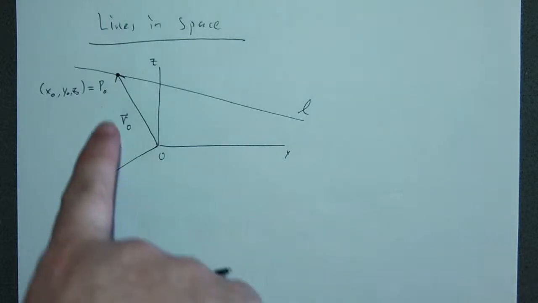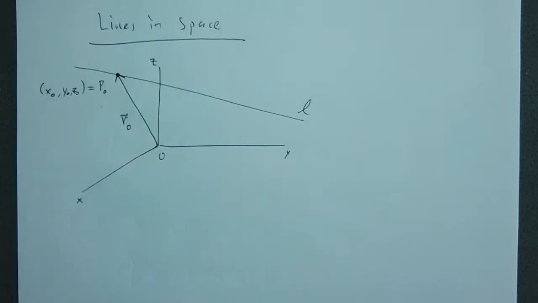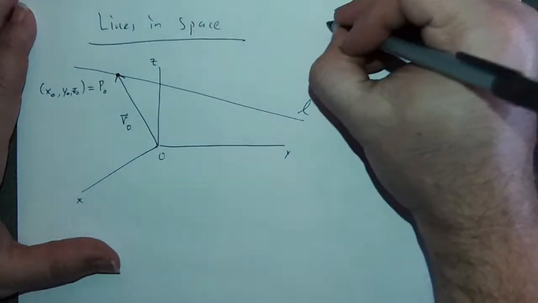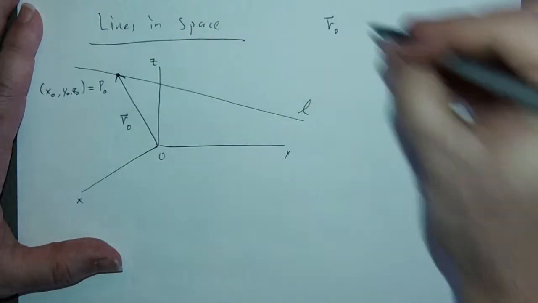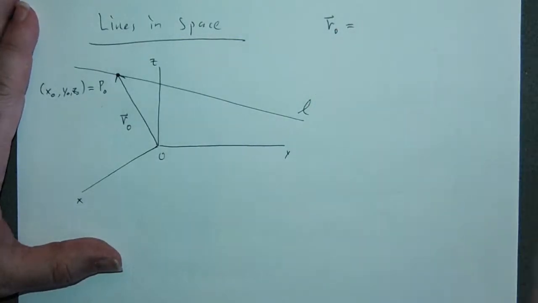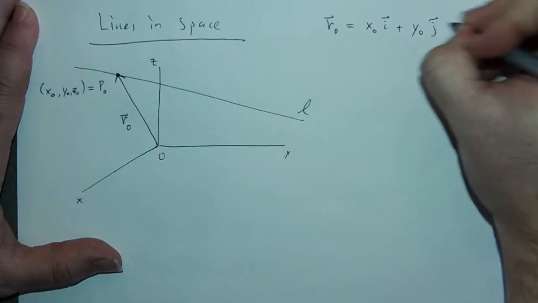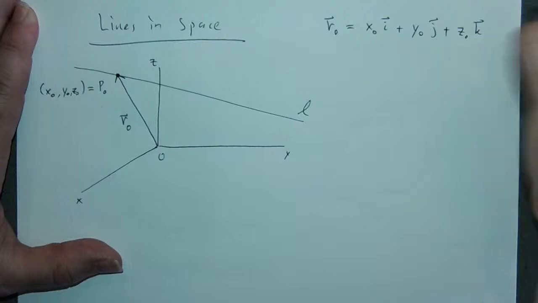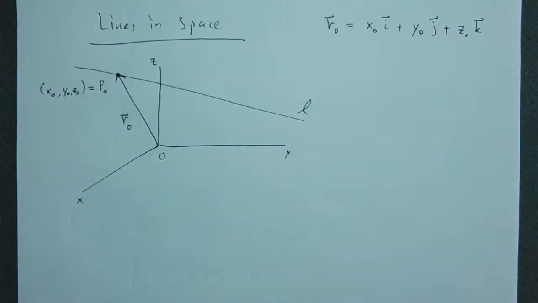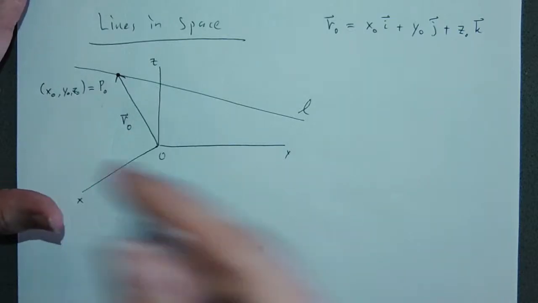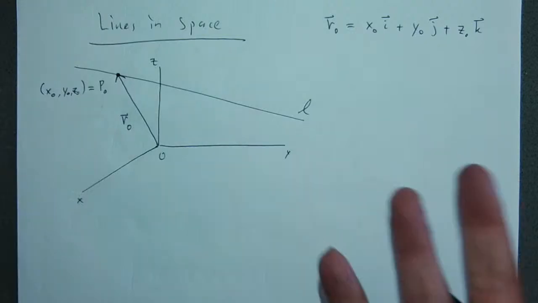Of course, if that point has coordinates x naught, y naught, z naught, then we know what the components of r naught are. So if I write r naught in this ijk notation, this is just x naught i plus y naught j plus z naught k, right? Now the idea would be to come up with an equation or a set of equations that explains the position of a general point on the line.